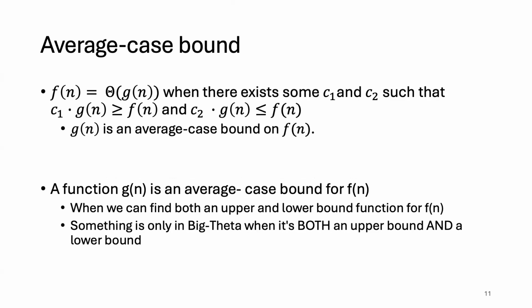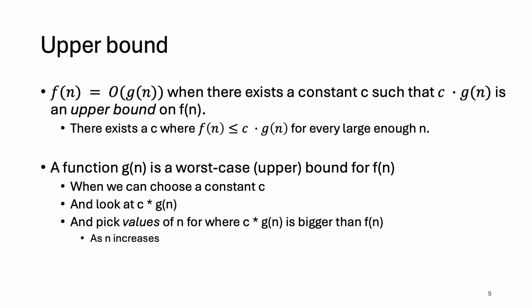And then there's some other constant where, when we multiply the constant by our function, it's going to be greater than the original function. So we're looking for one function that does both, where we can pick two different constants, and one gives us everything greater, the other gives us everything less.